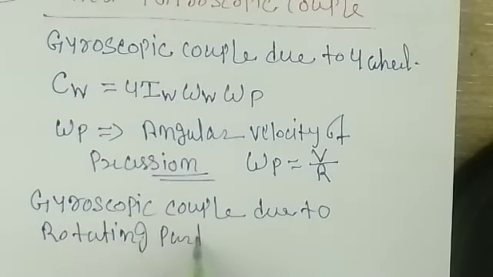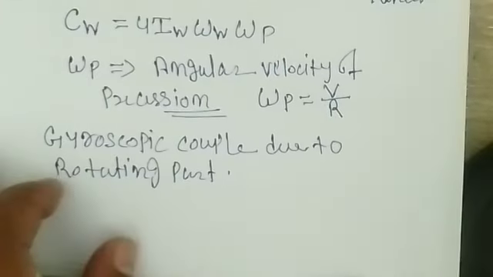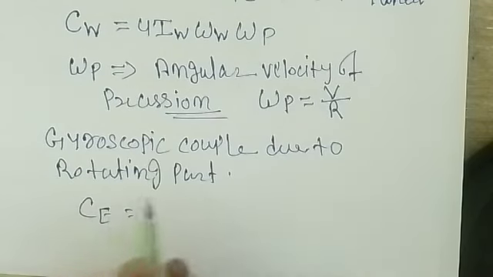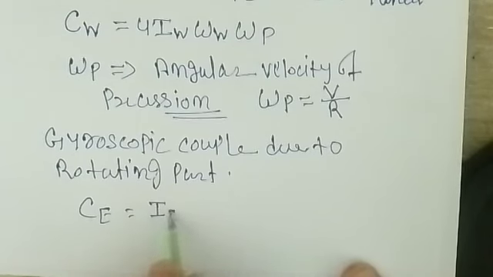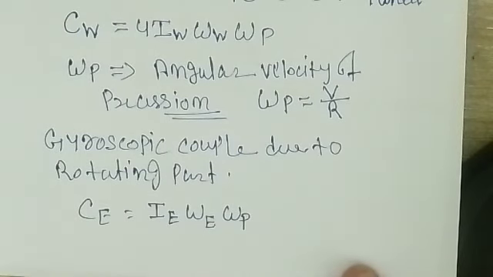There is only one rotating part we have. C_E is equal to, C is the couple and suffix E is for the engine. So you have the mass moment of inertia of the engine, angular velocity of the engine, and angular velocity of precession, right? So this is the gyroscopic couple due to the engine or rotating part.